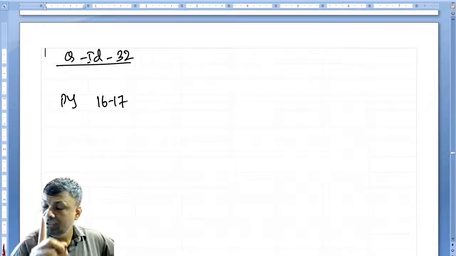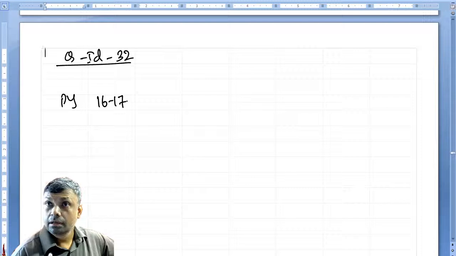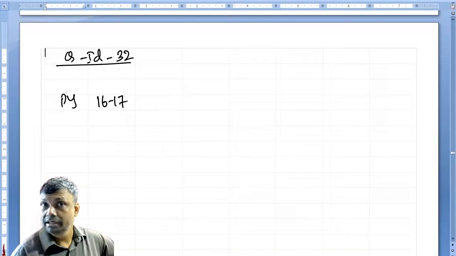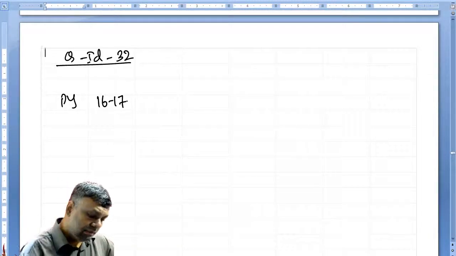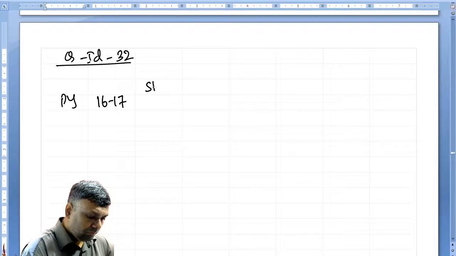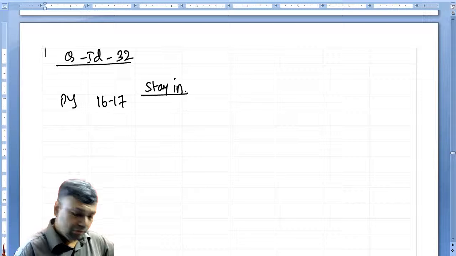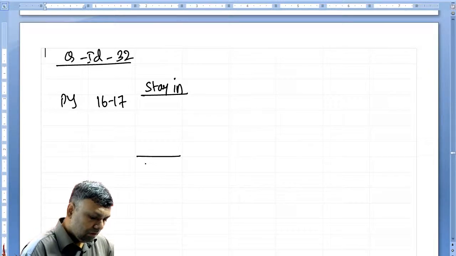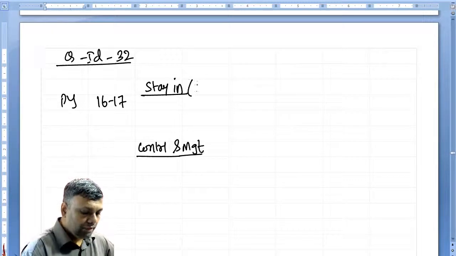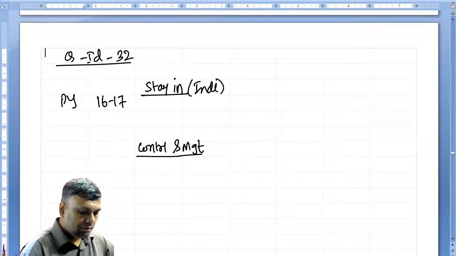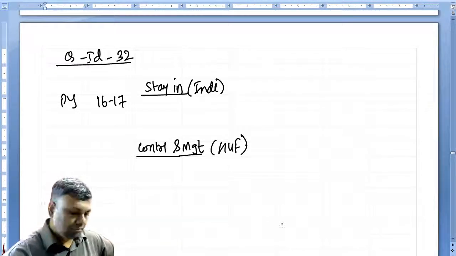Just watch it very carefully, and this confusion, this complication, I am solving it. The stay in India test is applicable for an individual. For the HUF, it is control and management. This is for the individual, and this is for the HUF, for the same previous year.